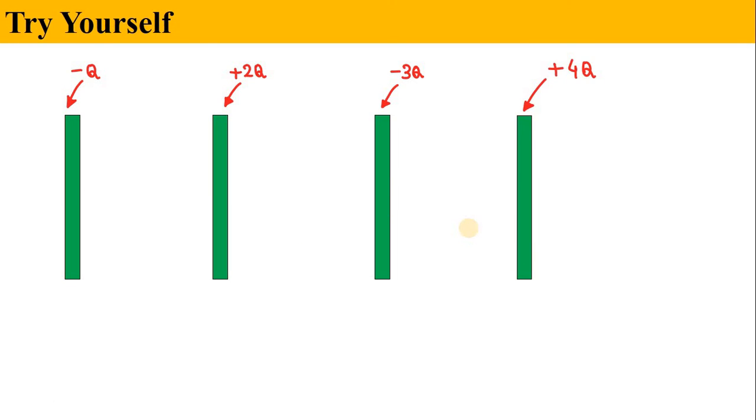Now it's your turn to solve the question. Try yourself. 4 plates are given here, and charges given to each plate are mentioned here. To find out how much will be the charges on all these surfaces. There are 4 plates, so there are 8 surfaces. You have to find out 8 answers. You can pause the video here and try it yourself.